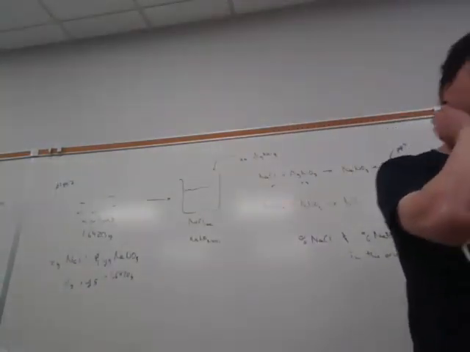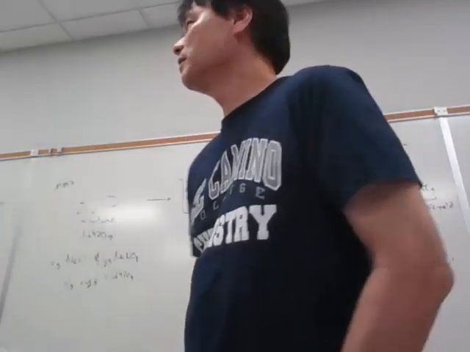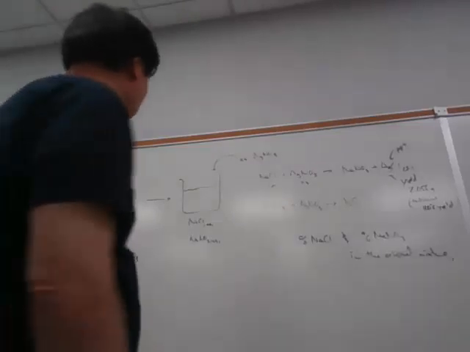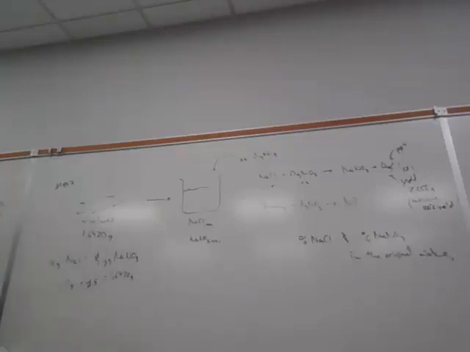This was Chapter 10, number 87. What about silver? Silver is 107.87. The symbol for silver is Ag.